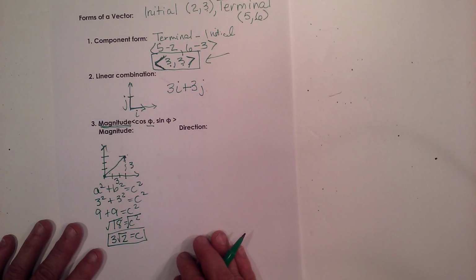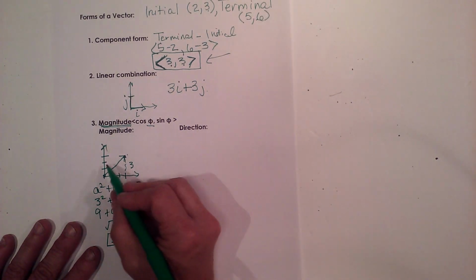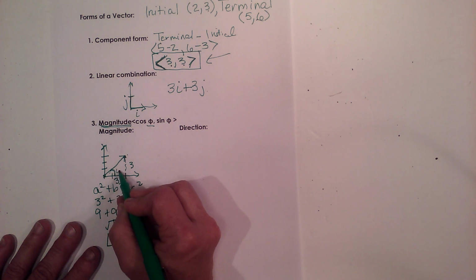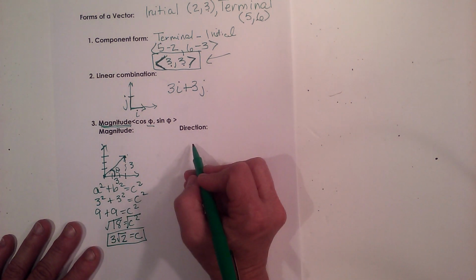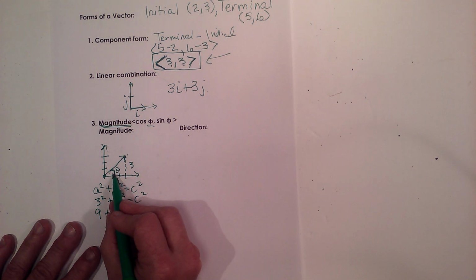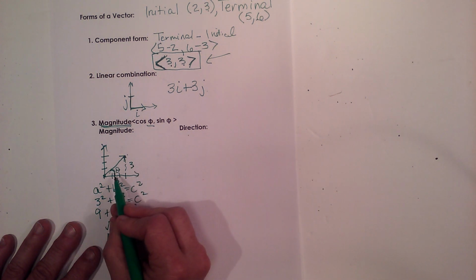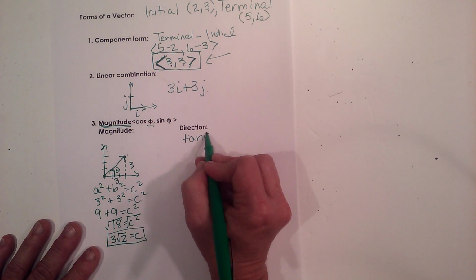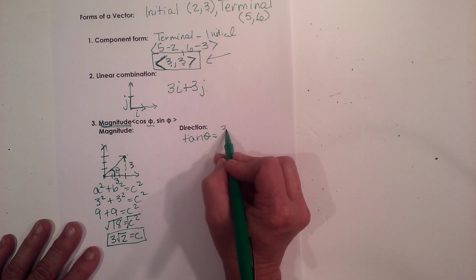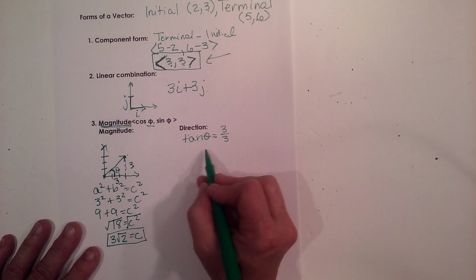Now to find the direction, I have to consider this angle theta right here. In order to find this angle, I need to use old school tangent, opposite over adjacent. So the tangent of theta is going to be 3 over 3, which is also known as 1.